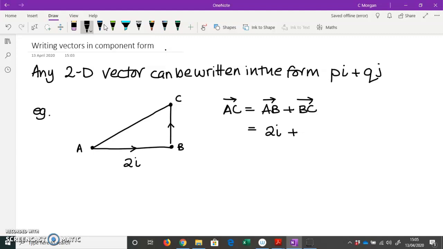Let's say B to C was something like 1.5 lots of j. Well, A to C would be 2i plus 1.5j. We could also write that in column vector notation, which is 2 and 1.5. So any two-dimensional vector can be written in the form pi plus qj.